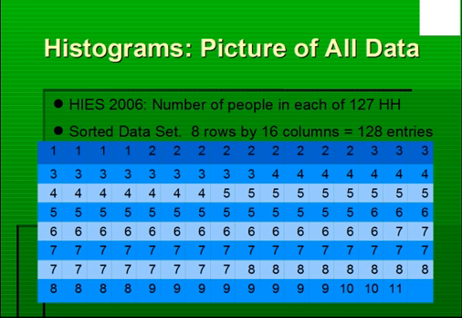The last entry is empty because there are only 127 households, and each of the other cells contains a number which indicates how many people are in that particular household.